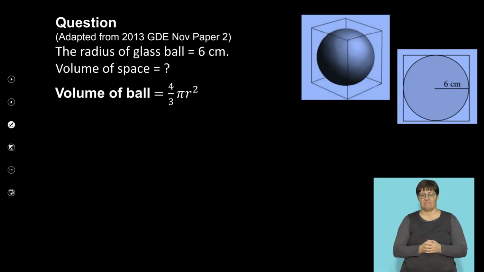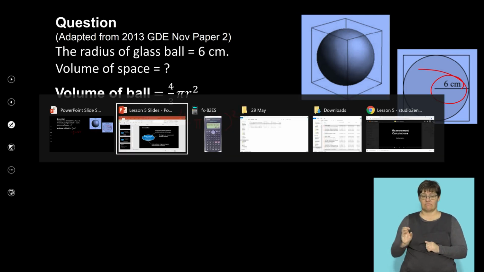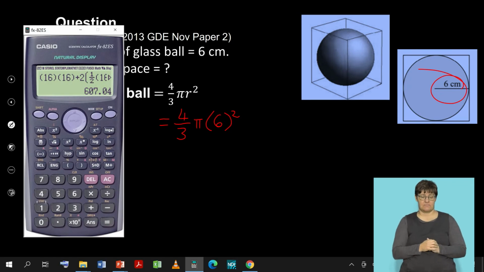So we are first going to look at the volume of the ball. And I know that the volume of a sphere is 4/3 pi r cubed. And I actually know what my r is because I've been given it as 6 centimeters. So I'm going to fill that in. So it's going to be 4/3 pi times my radius, 6, cubed. So let's pop this into my calculator.